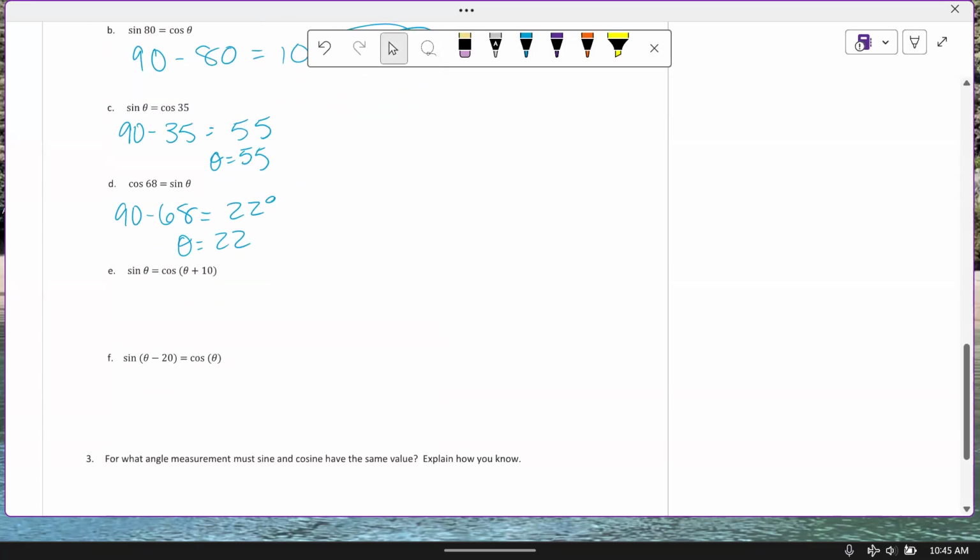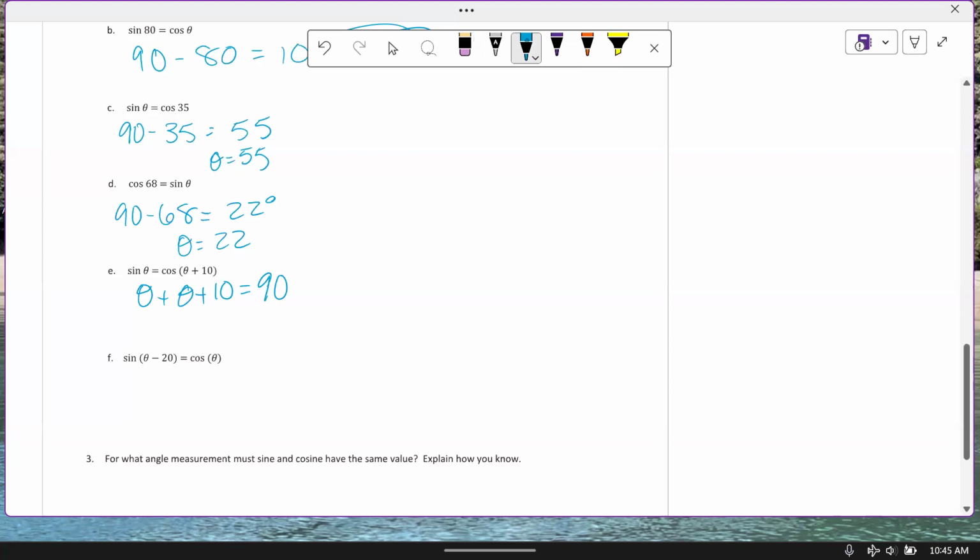This one is a little more in depth. We have sine of theta equals cosine of theta plus 10. Set up your equation: theta plus theta plus 10 equals 90 degrees, right?